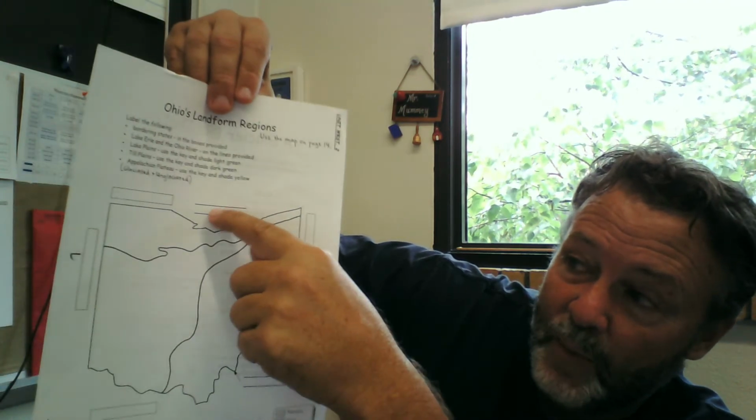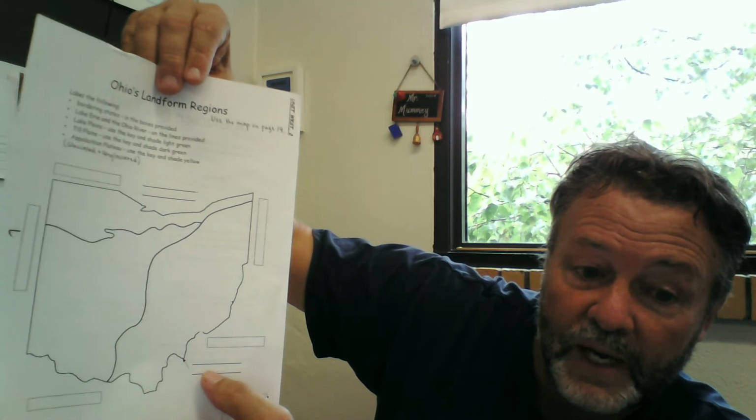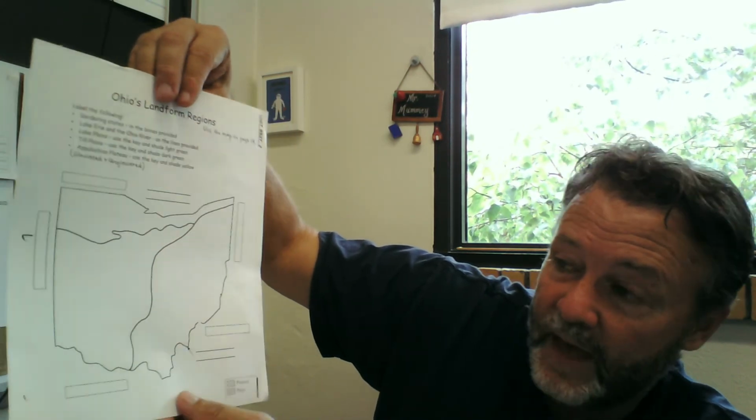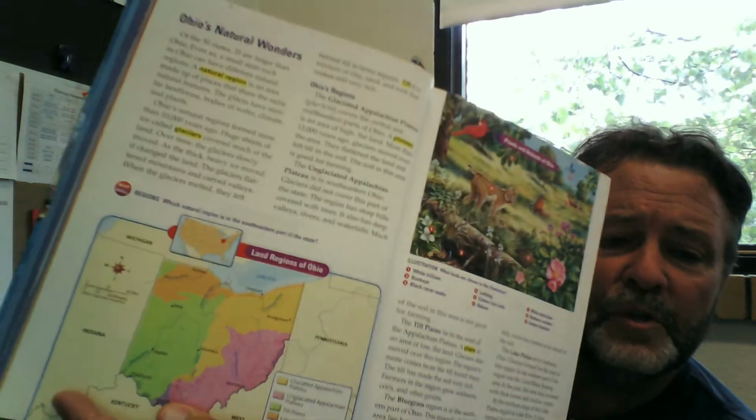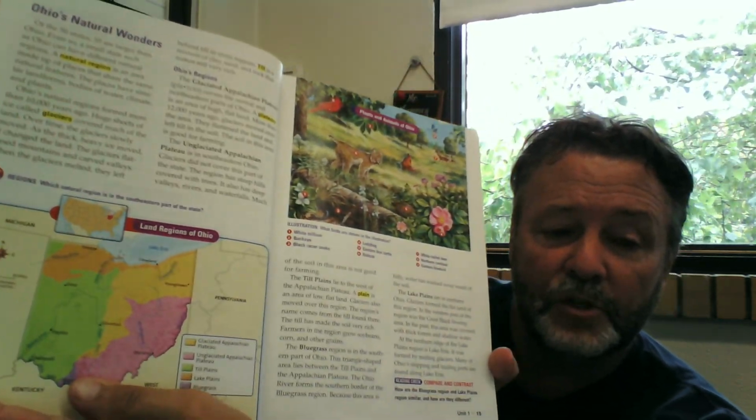There's a big lake up here, write its name there. And there's a big river down here, so write its name there. And then these are the different landforms in Ohio. And if you look at the map on page 14, it shows you those landforms with the green, the pink, and the yellow. So make sure you read the map key at the bottom here to see what those landforms were. And then you're going to color in your map, and it tells you what colors to use up here.